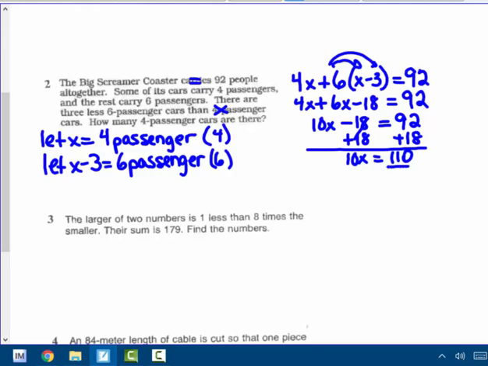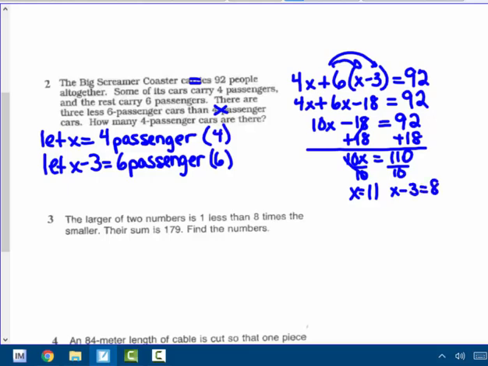Well, isn't that nice? When I divide by 10 on both sides and get those to cancel, I get that the 4-passenger cars, there are 11 of them. And the 6-passenger cars, there are 8 of them.